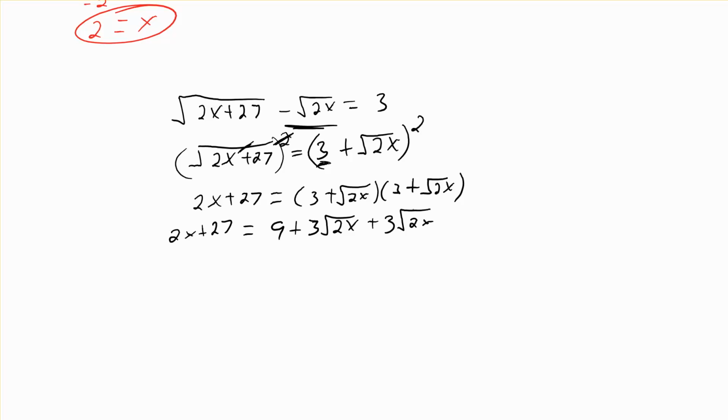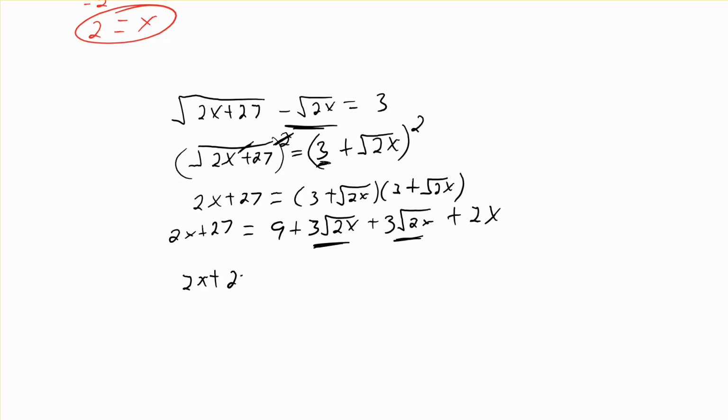And then lastly, I've got plus just 2x, because the square root times the square root annihilated them, so we just ended up with 2x underneath. Okay, so I'm just going to simplify things a bit here. I've got some like terms, so that 3 and that 3 could just end up being 6 times the square root of 2x, so I'm just going to write that.